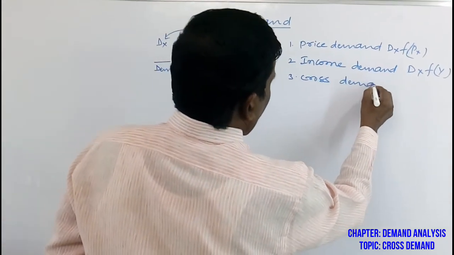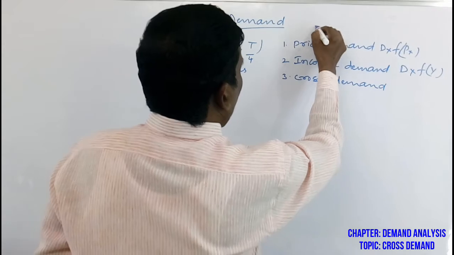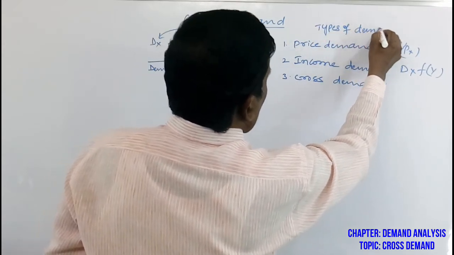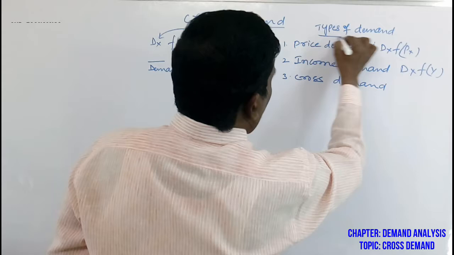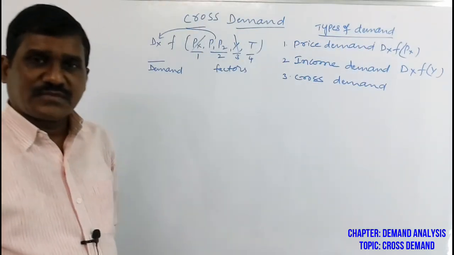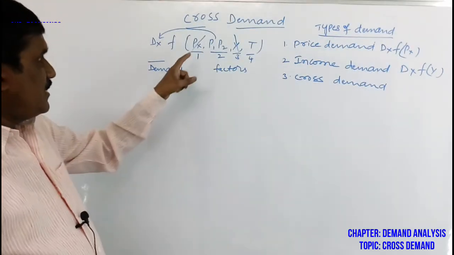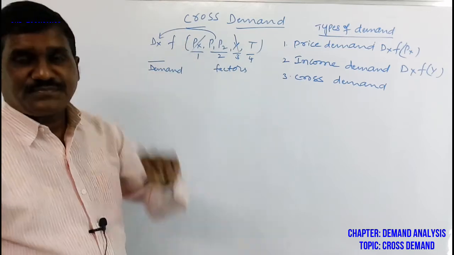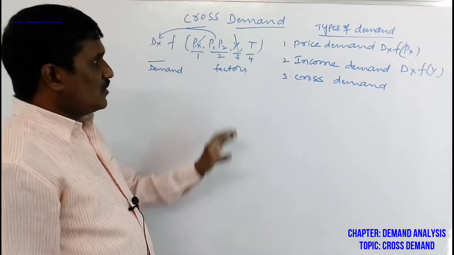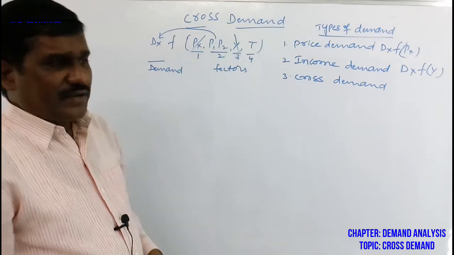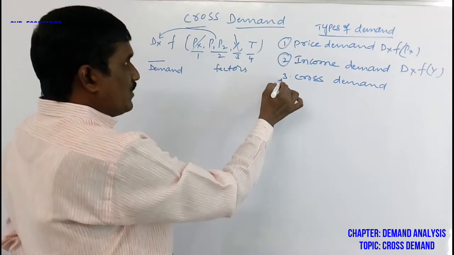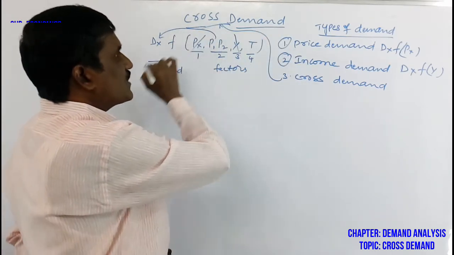These three are called types of demand. So how many types of demand? Price demand, income demand, cross demand. The first and second are completed, and today we are going to analyze the cross demand.